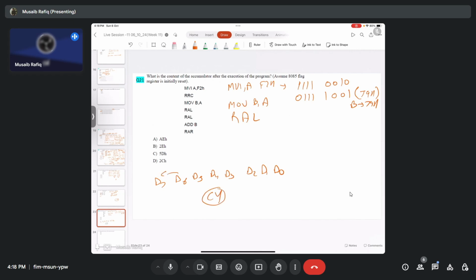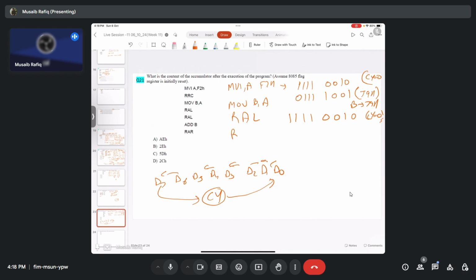Everything will be left shifted by one position, and D7 will go to carry and carry will go here. Initially carry was equal to 0. So after RAL, it will be 1 1 1 1 0 0 1 0, and carry will also be 0.